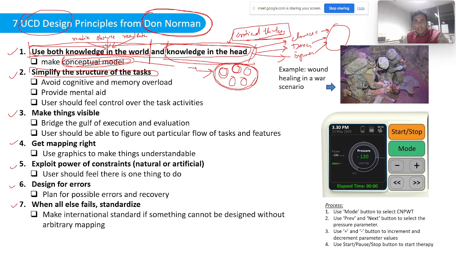If this particular device should have the ability to start and stop, mode select, monitor the pressure level, and change pressure, all these can be a part of the conceptual model, but you do not know how in reality these elements will be organized together and how navigation will happen.